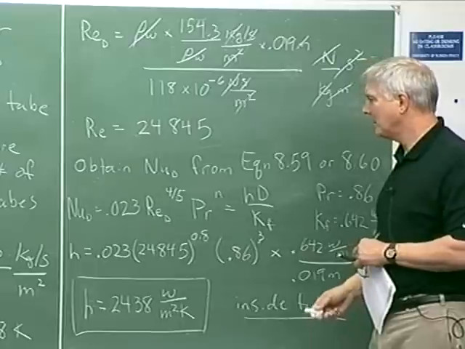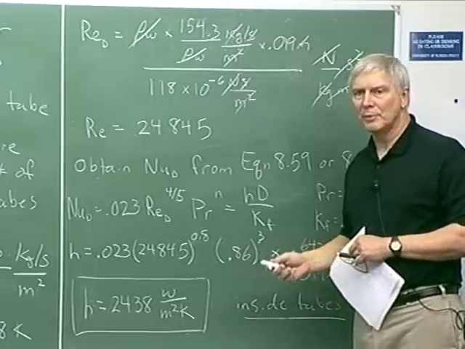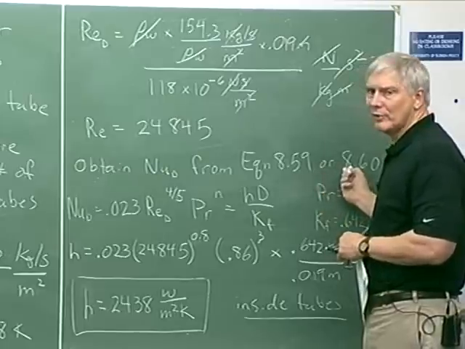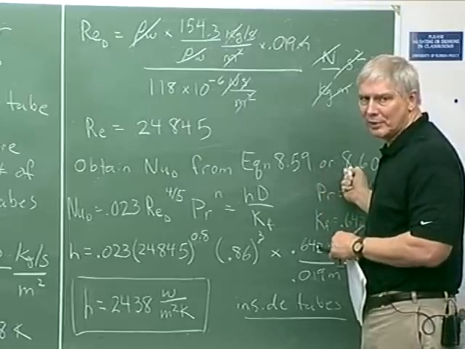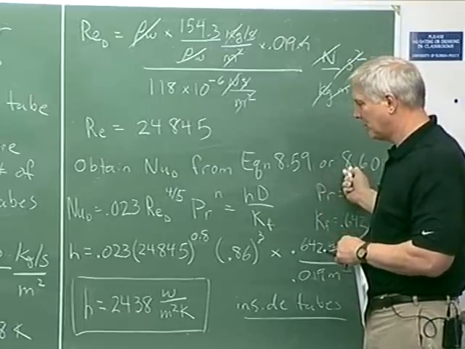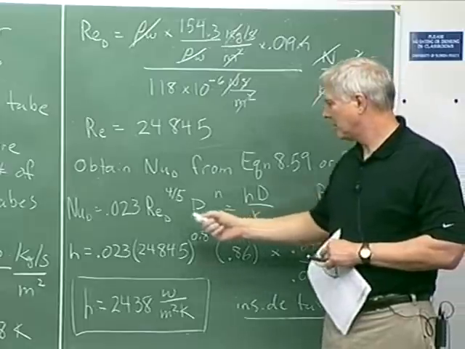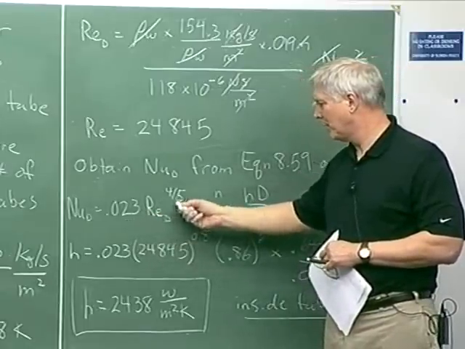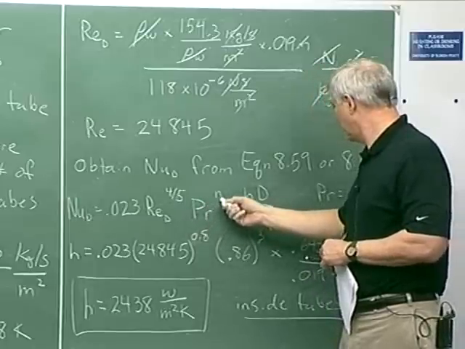Now that we have that, we can calculate the Nusselt number for internal flow. We can use either equation 859 or 860, and that's in the 6th edition. If you have a different edition, it might be a different equation, but you can look it up. And the Nusselt number is equal to 0.023 times the Reynolds number to the 4/5 times the Prandtl number to the n power.